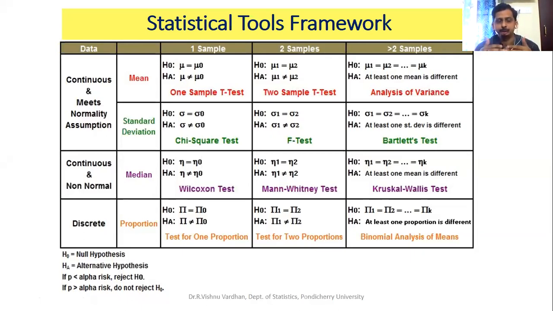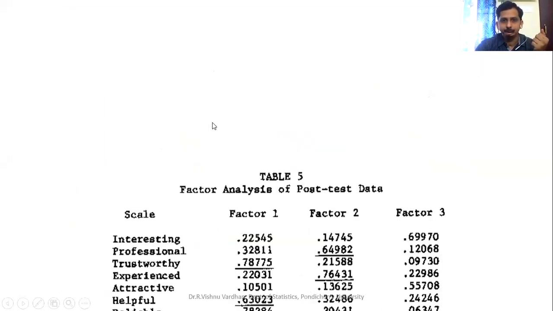A hypothesis is nothing but a statement about the problem, about population parameters, on which you wish to compare two groups, compare several groups, or compare a single group. If you understand the population parameters under comparison, it is nothing but here in one sample, okay, in one sample, I'll make it like this.